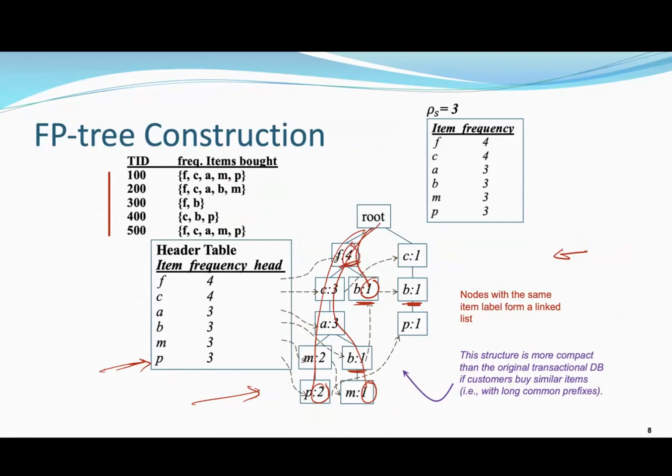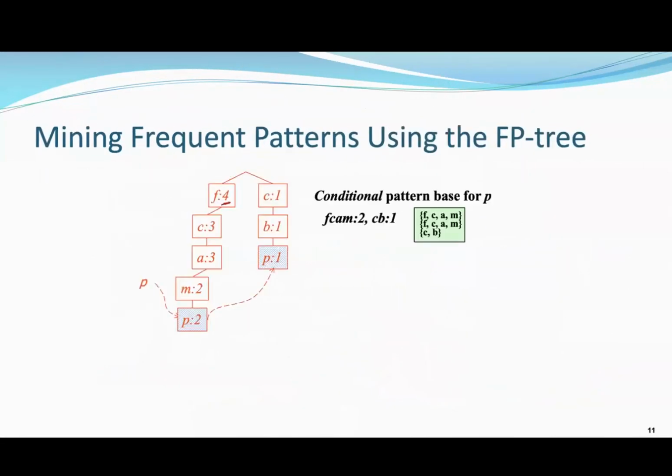But in our subtask, which is the one where we only concern P, we should not care about this path. We should not care about this path either, right? So that means that this count 4 is not quite right if I'm only concerning the patterns that end with a P, right?